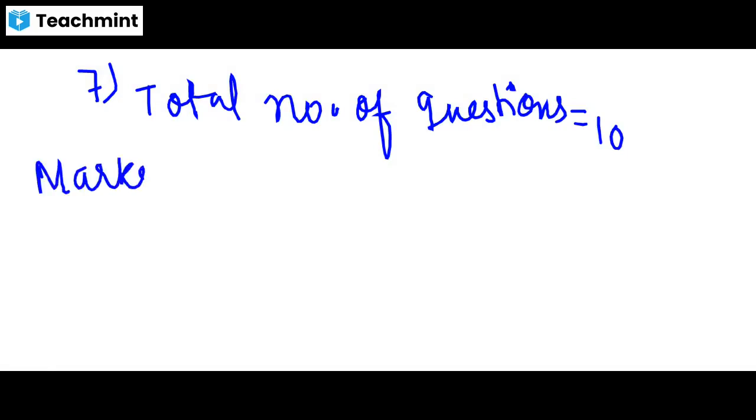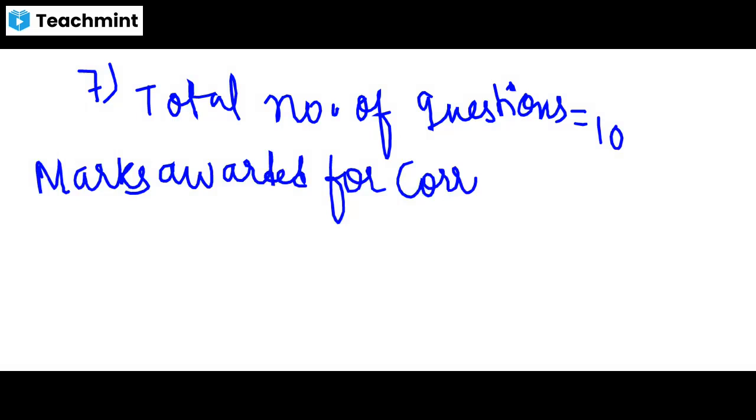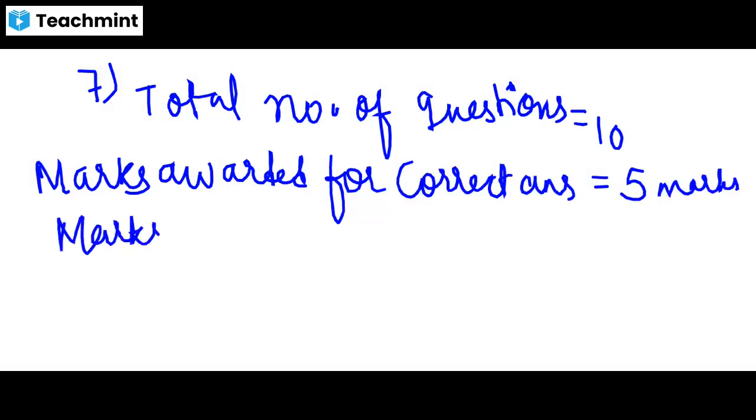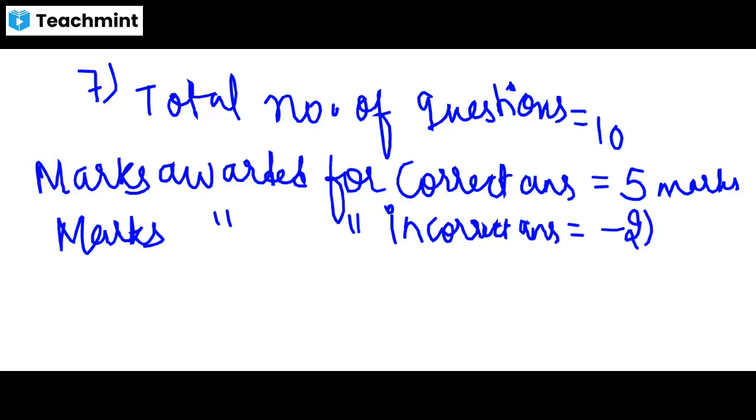Marks awarded for a correct answer: 5 marks. And marks awarded for an incorrect answer: -2, ma'am. -2 marks. Now, marks awarded for questions not attempted.